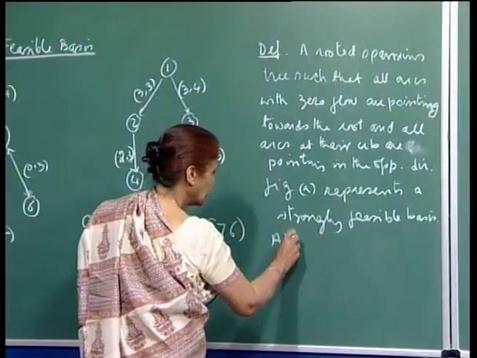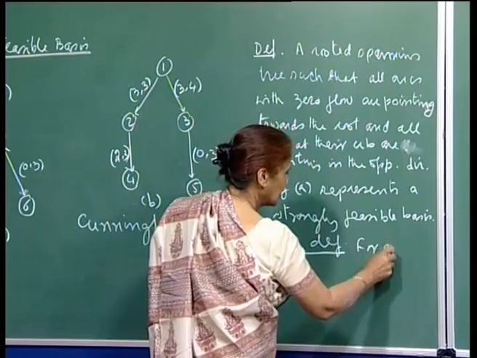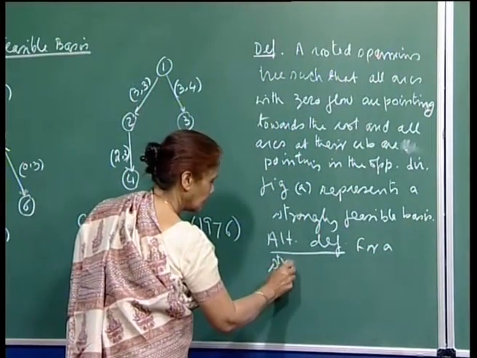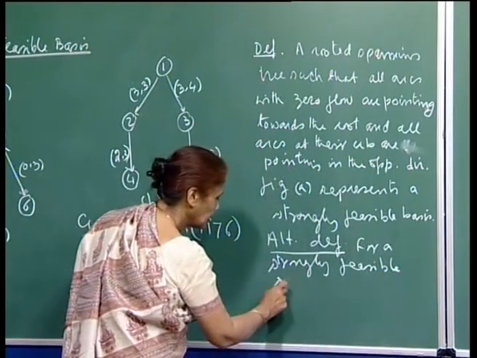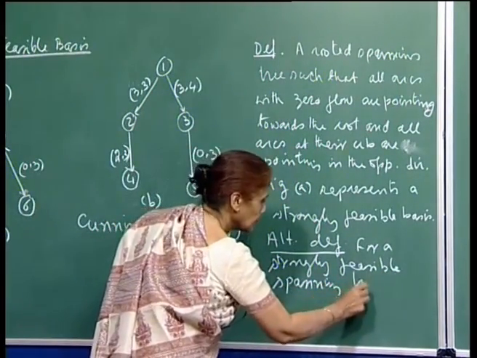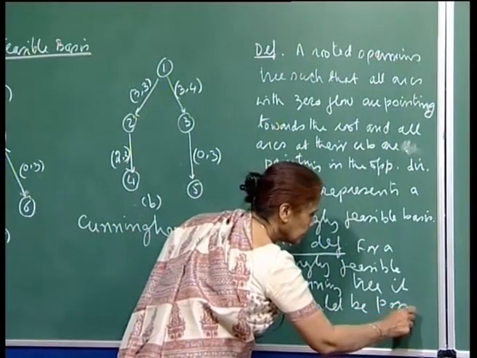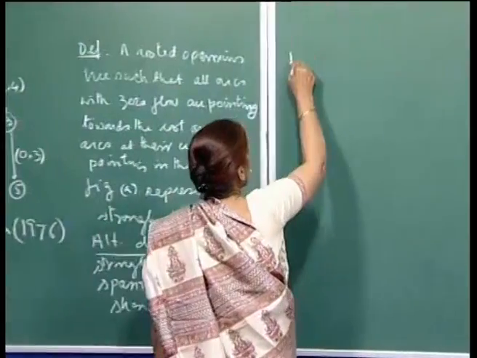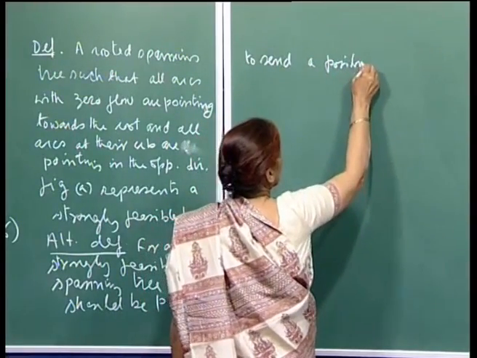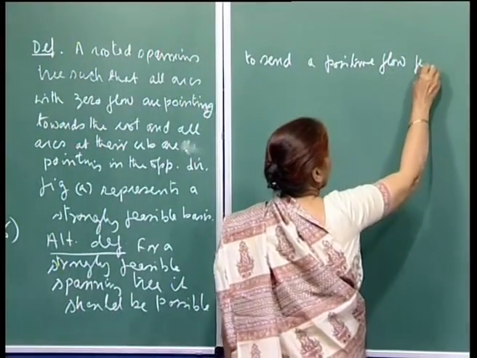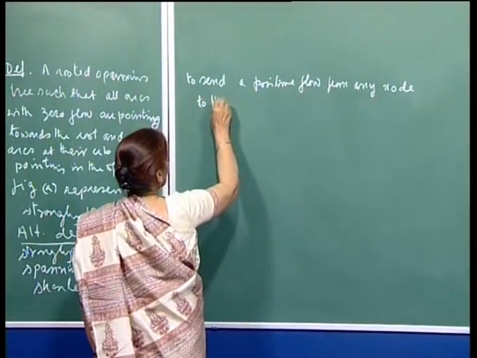So, an alternate definition is that for a strongly feasible spanning tree, it should be possible to send positive flow from any node to the root node.